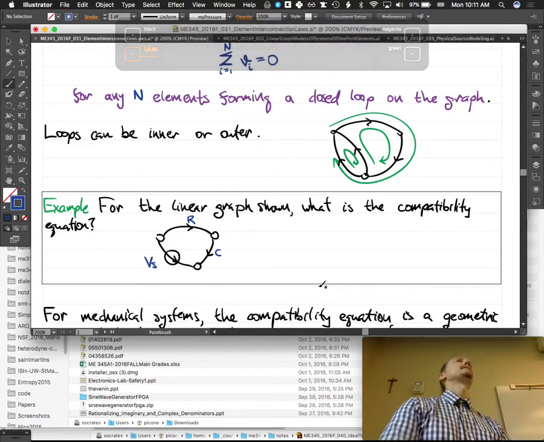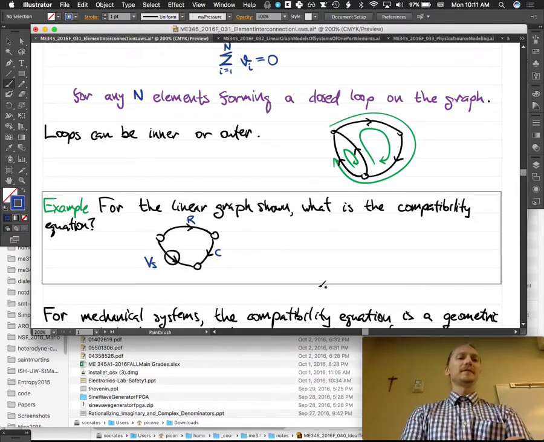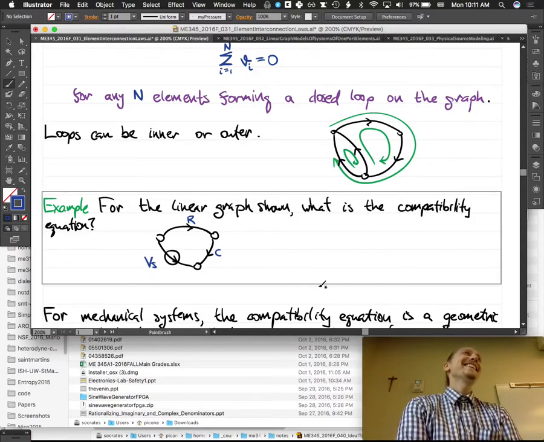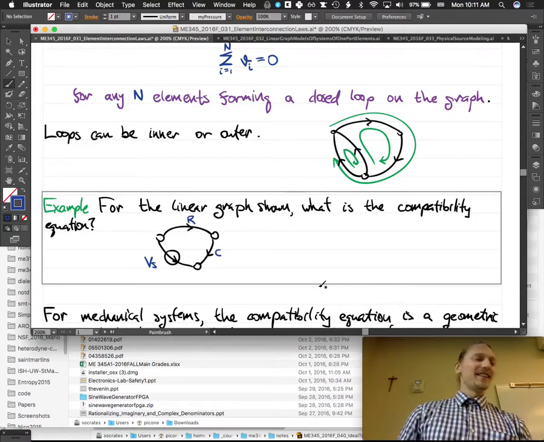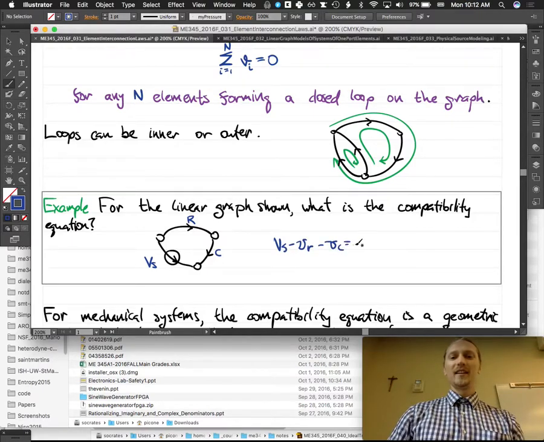All right. An example. For the linear graph shown, what is the compatibility equation? All right, yeah, so Vs minus Vr minus Vc equals 0.